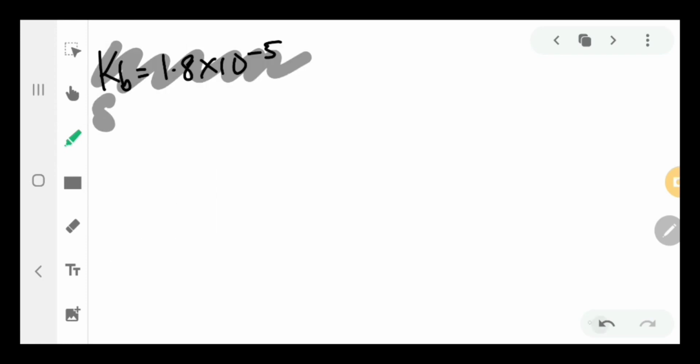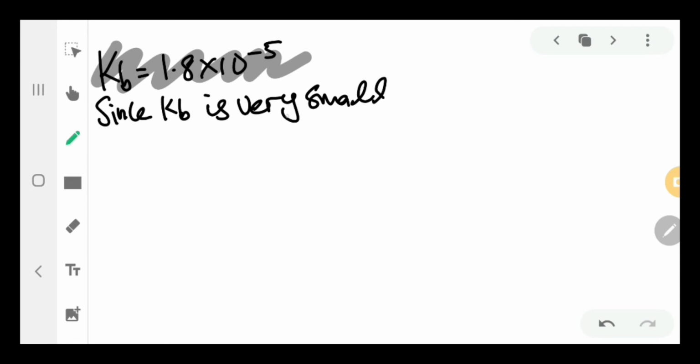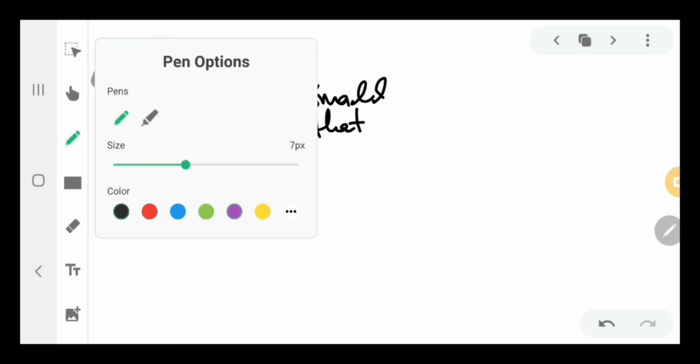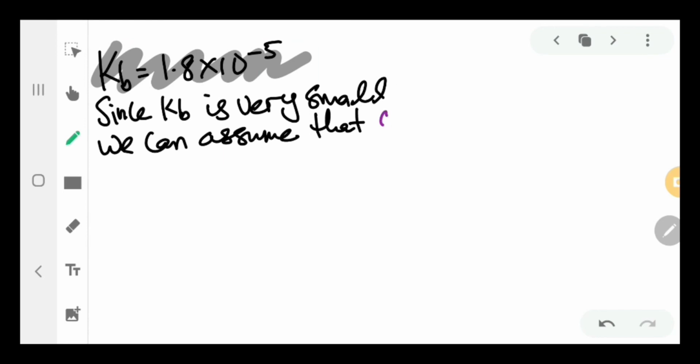Since X is very small, we can assume that 0.40 minus X will approach 0.40.